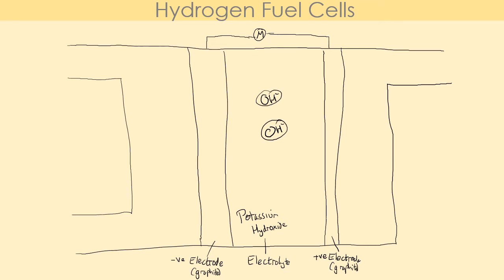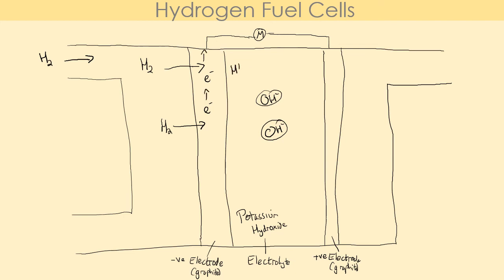On our left hand side, we have hydrogen gas coming in, and the hydrogen will diffuse through the graphite electrode. As it diffuses through, it will lose electrons to become an ion. Those electrons will be taken up and will flow around the circuit.